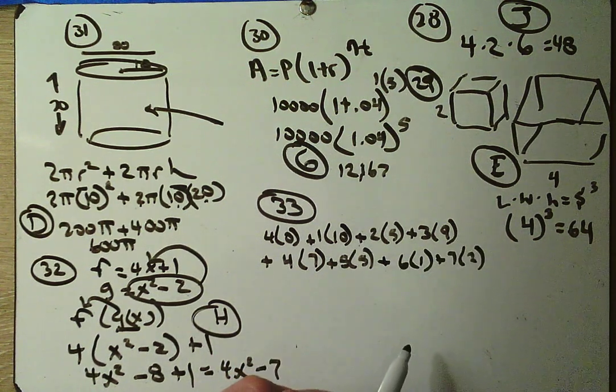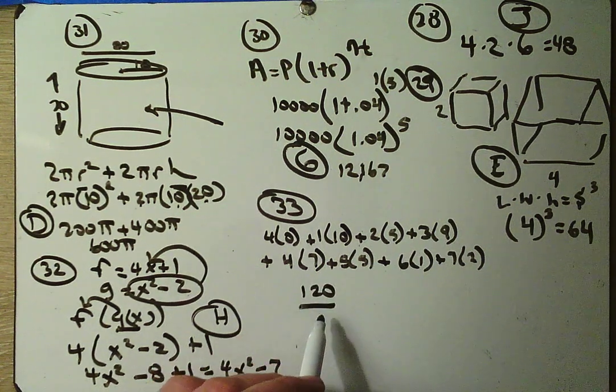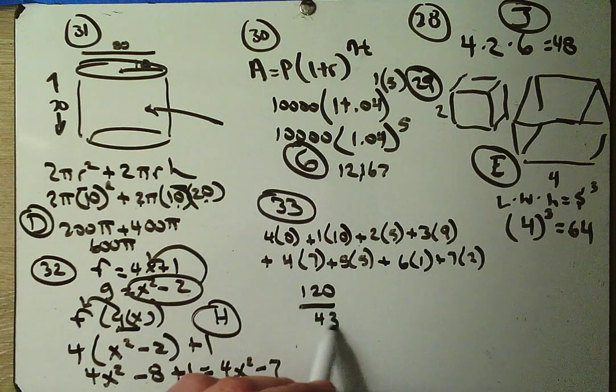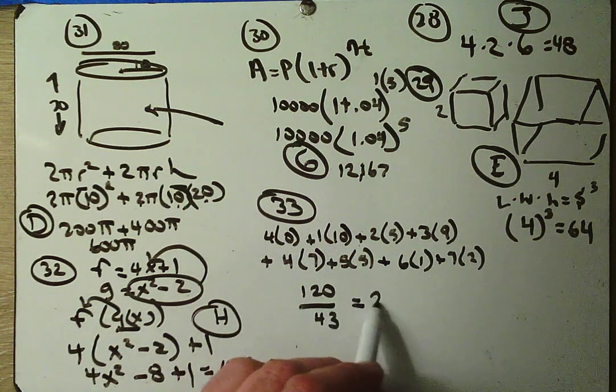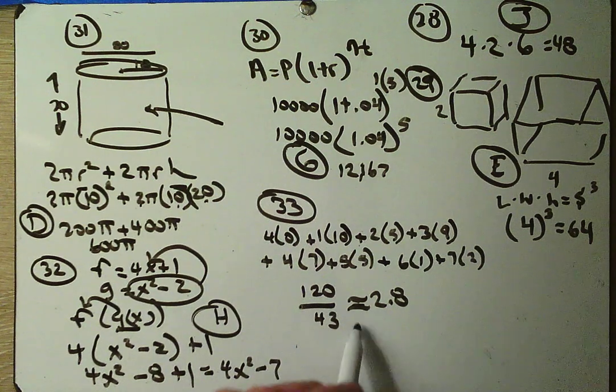Okay, so I add up all of those, and I got 120 divided by the 43 matches, and I get 2.8 is the closest number offered. So B is my answer for 33.